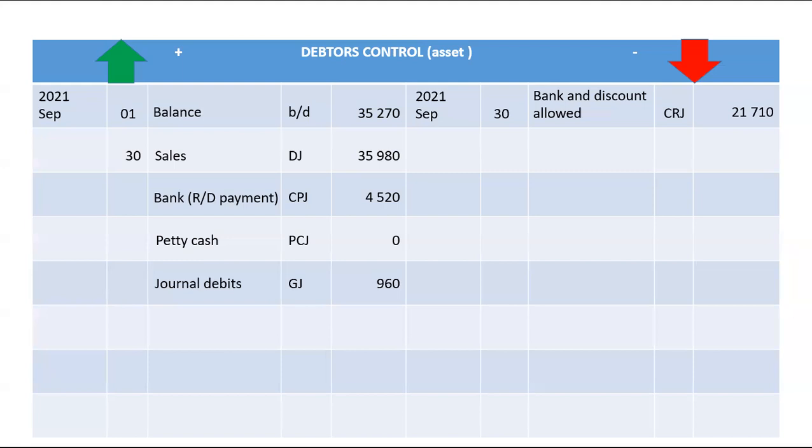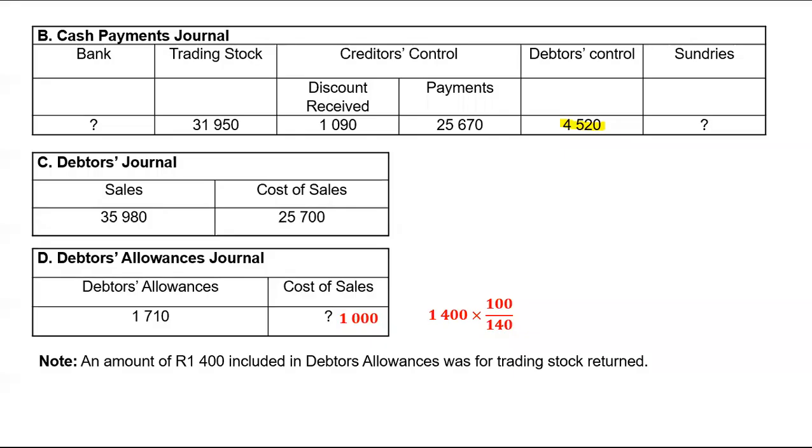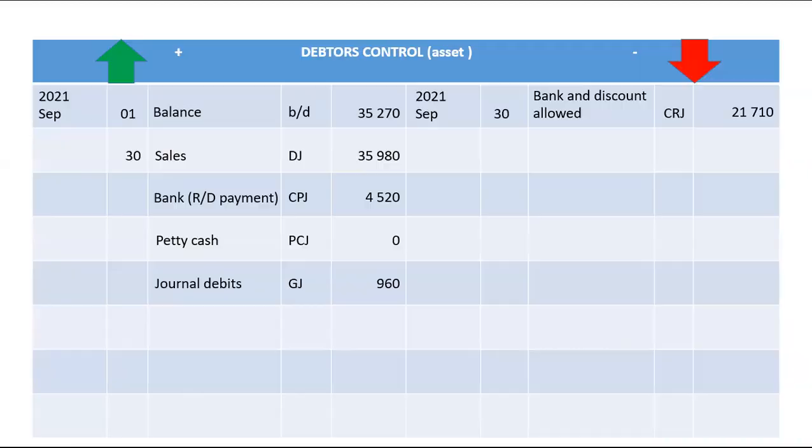Your debtors control will be reduced by debtors allowances because they owe us less, they've returned goods. So we will simply take this 1,710 and reduce our debtors control by that amount. We will write debtors allowances, DAJ, the amount will be 1,710.